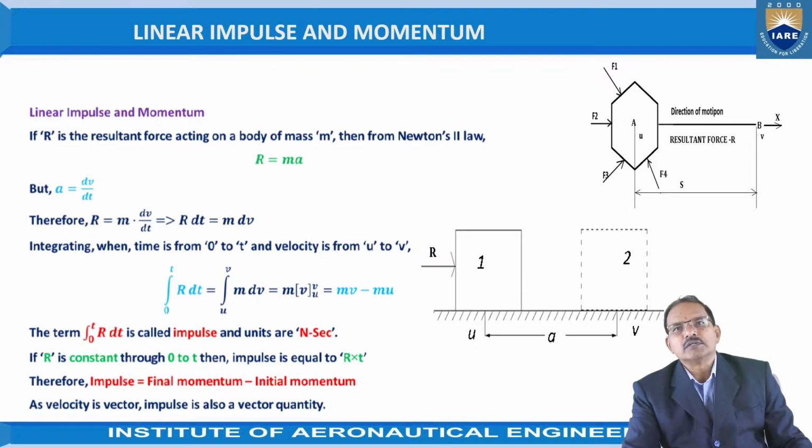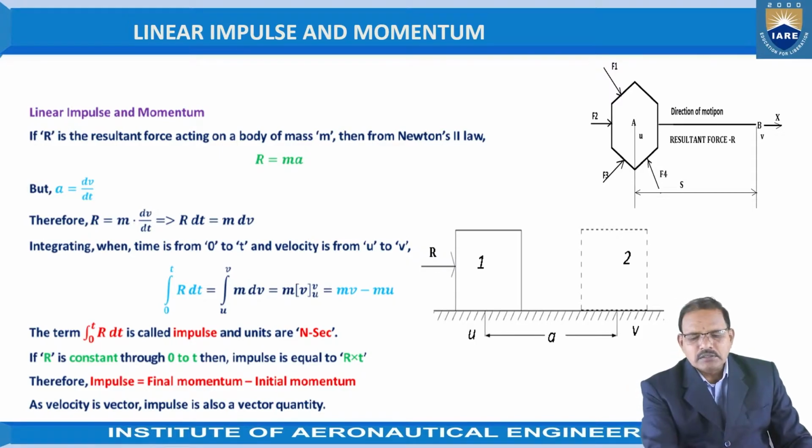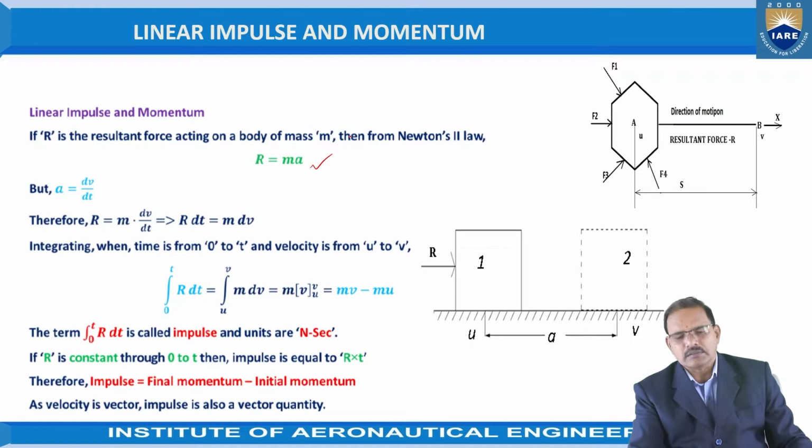Now, according to Newton's second law of motion, if R is representing the resultant force acting on the body in the direction of motion, and m is the mass of the body, then R is equal to m into a, where a is the acceleration with which the body is moving.